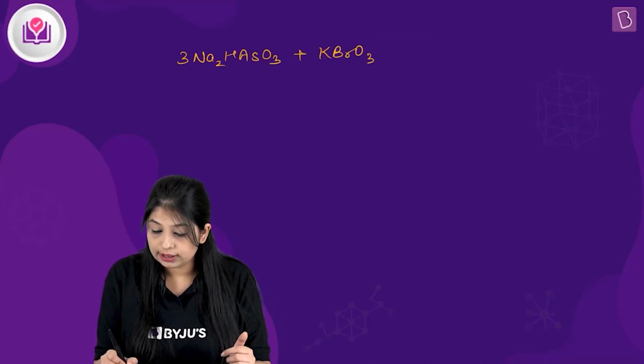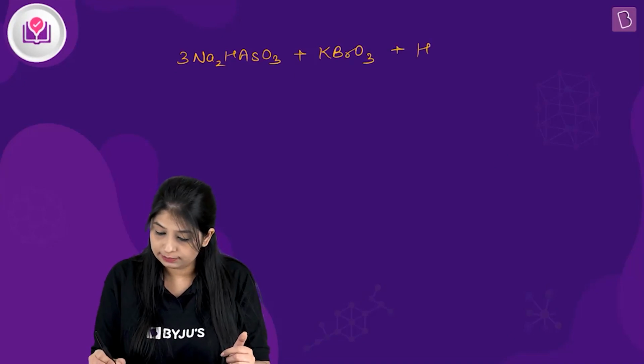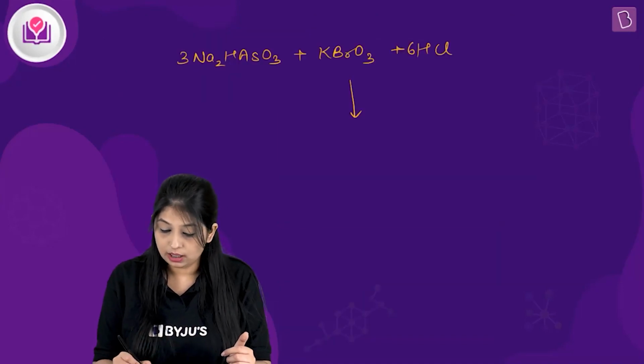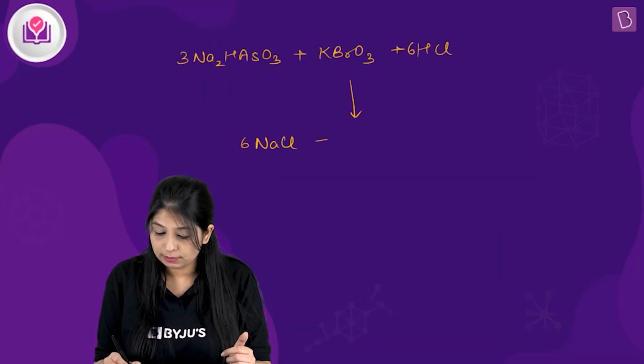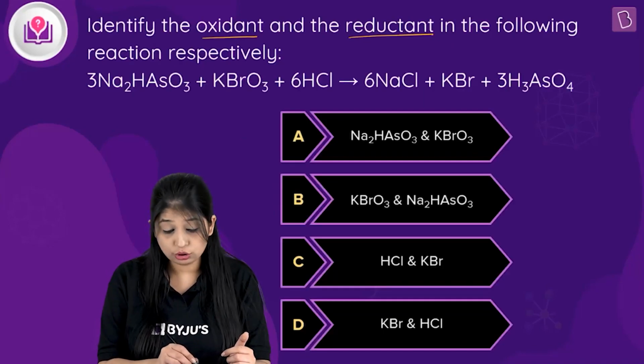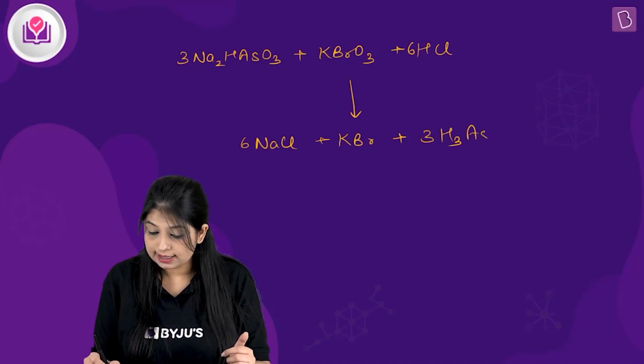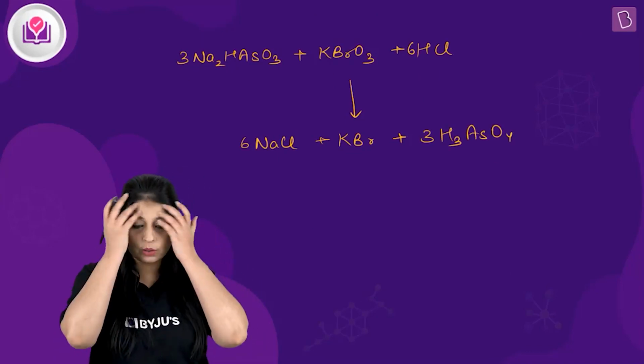So this is 3Na2HAsO3 plus KBrO3 plus 6HCl giving 6NaCl plus KBr plus 3H3AsO4.